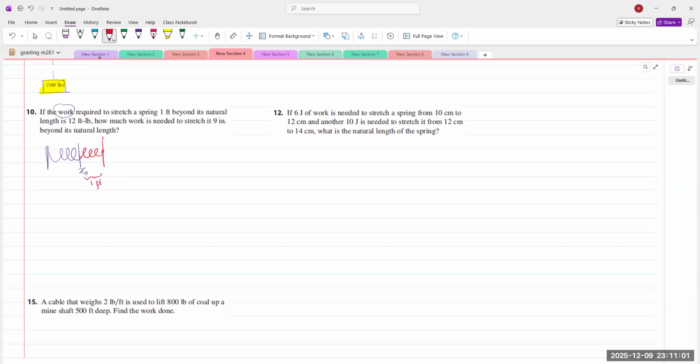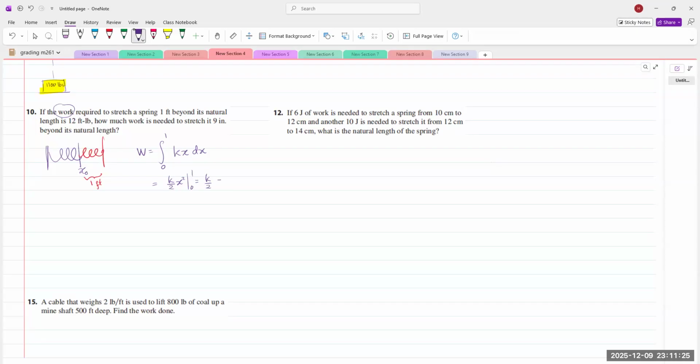The work required is 12 foot-pounds. Okay, so the work will be the integral of kx dx from 0 to 1. That will be k over 2 x squared from 0 to 1. That is k over 2.